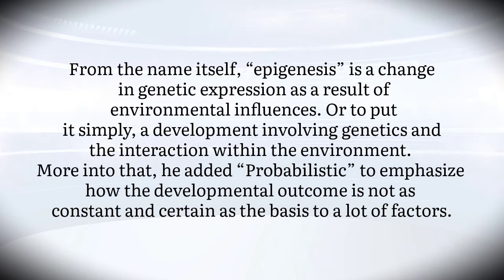Or to put it simply, a development involving genetics and the interaction within the environment. More than that, he added probabilistic to emphasize how the developmental outcome is not constant and certain, as it is subject to a lot of factors.